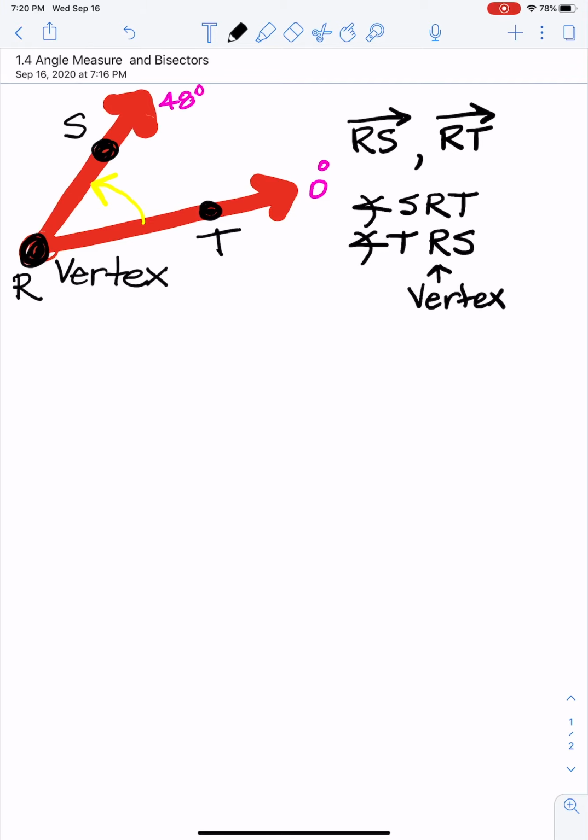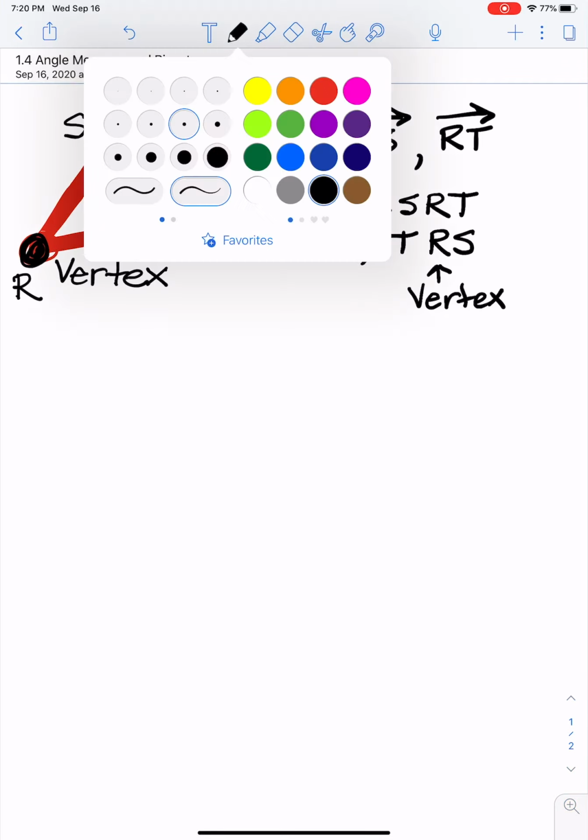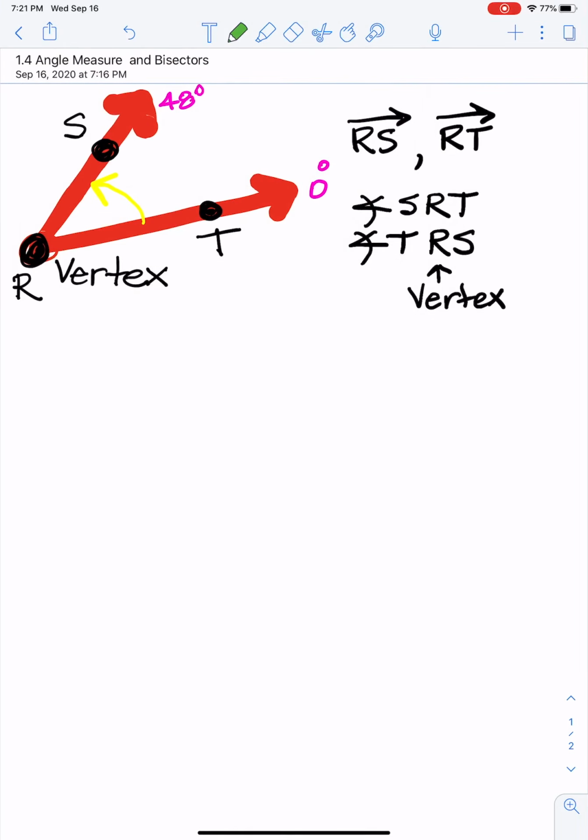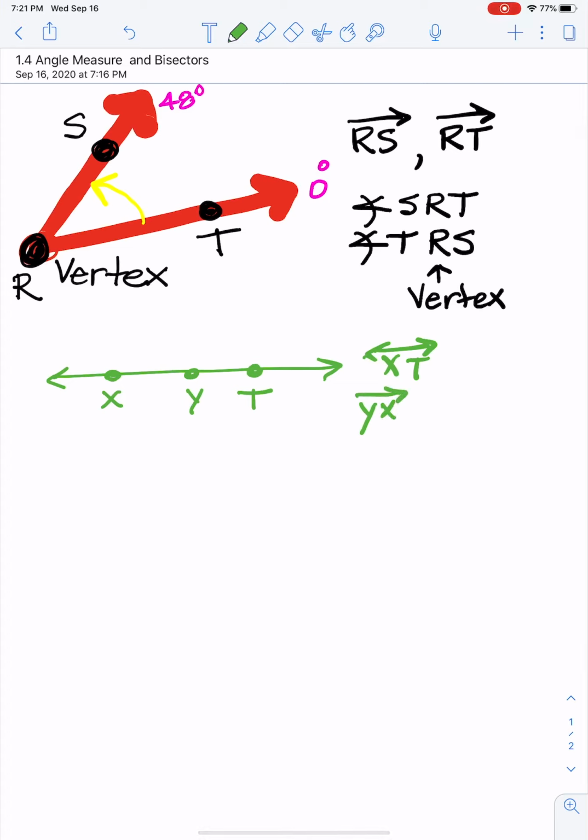Now, you can also refer to angles in different ways. For example, let's say this is X, Y, T. And from what we've talked about already, you might say this is line XT. You could say this is a combination of two rays, YX along with YT.